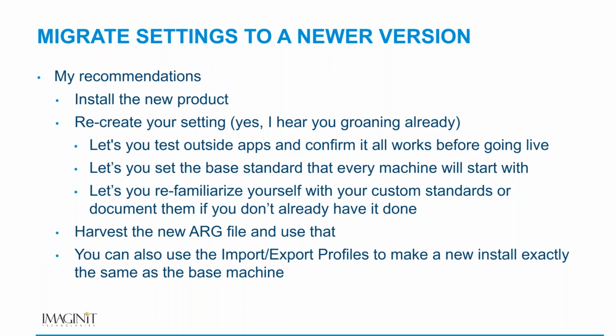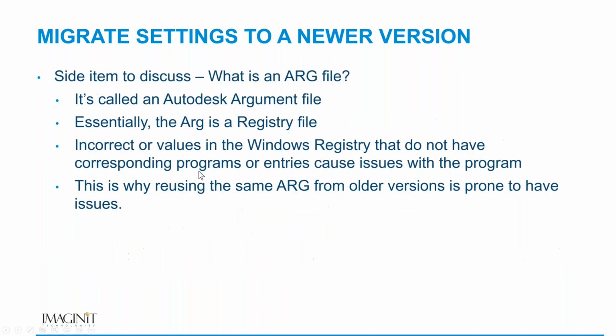Then you harvest the new ARG file and use that. And then we can use import and export profiles to make the new installs look exactly the same as the base machine. And we're going to talk about that. So this is how I like to migrate to a newer version.